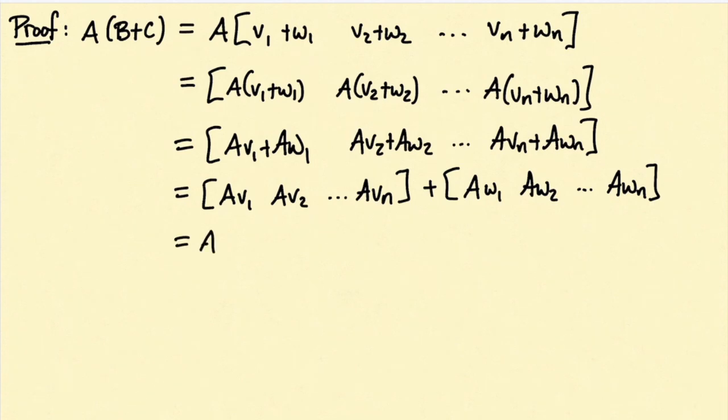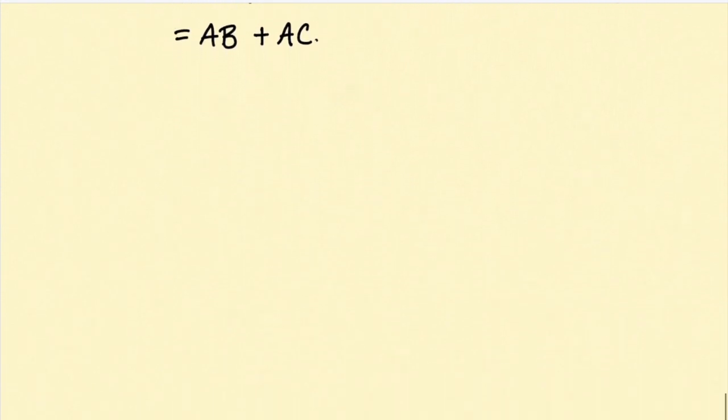Finally, we use the definition for matrix multiplication to recognize each of these as A times B and A times C. For the other distribution, (B plus C) times D, we'll need to use the fact that when we add two matrices, then act on a vector, that's the same thing as acting on the vector with each of the matrices and adding them together.